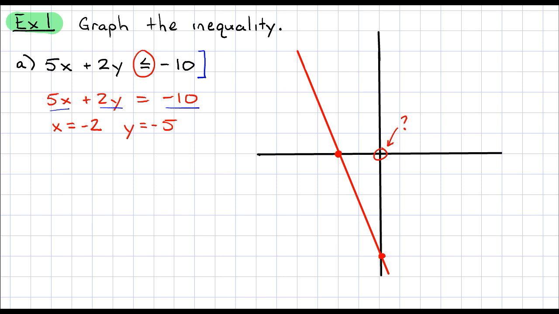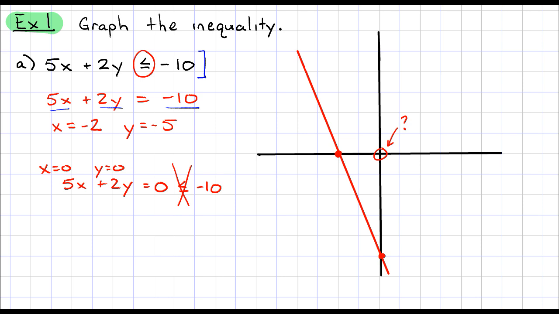So notice that if I take 5x plus 2y, and plug in x equals 0, y equals 0, then 5x plus 2y would be equal to 0. And that is not less than or equal to minus 10.